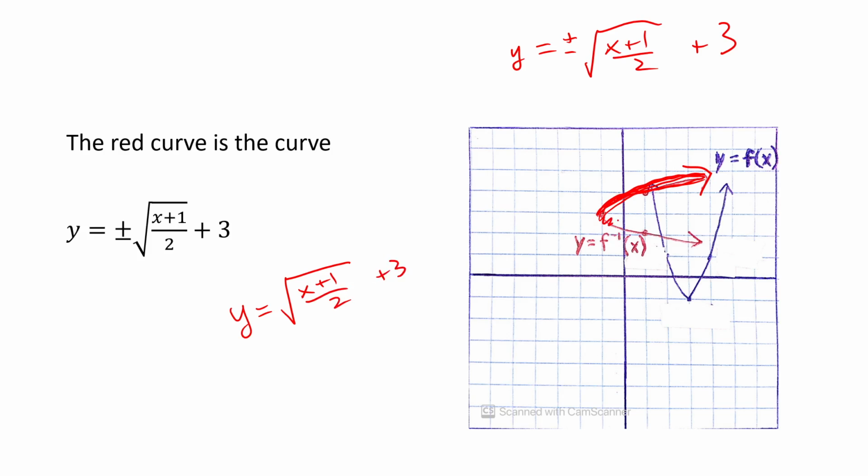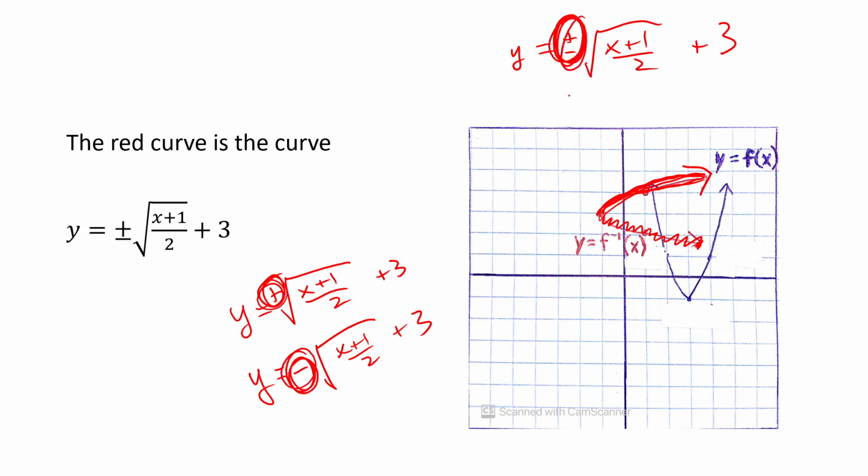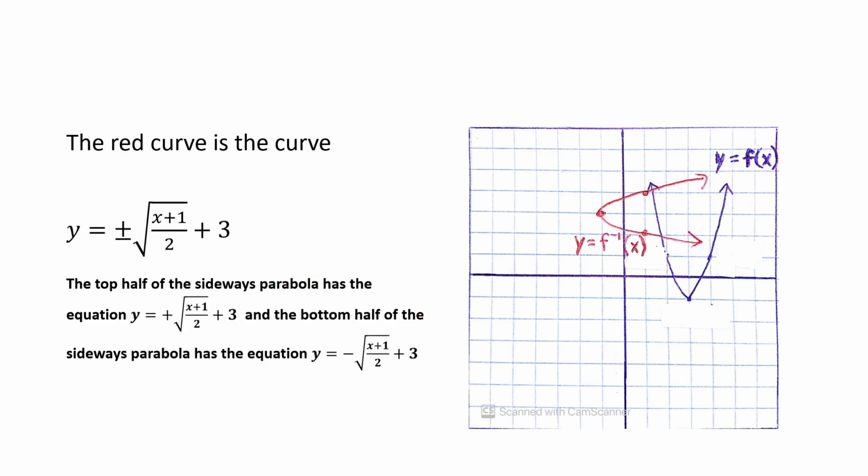And if you focus only on the bottom arm, that's y equals negative square root of (x + 1)/2, plus 3. You put this positive and this negative together, and you get plus or minus. So that is a fact that will be true in all of these subsequent cases.